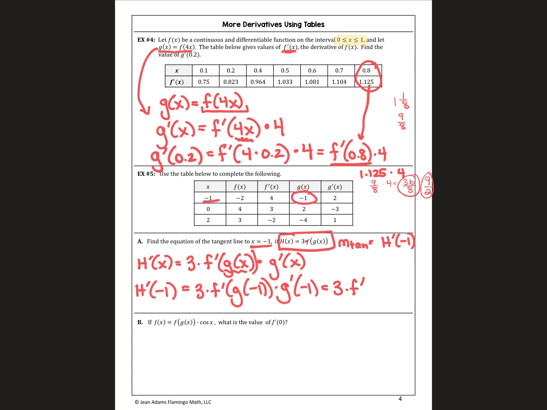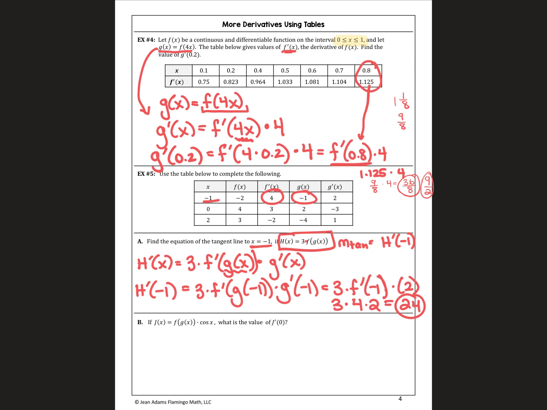When x is -1, g of -1 is -1. So I'm going to get f prime of -1 times g prime of -1, which is 2. F prime evaluated at -1 is 4. So it actually ends up being 3 times 4 times 2, which is going to be 24. The slope of the tangent line is 24.